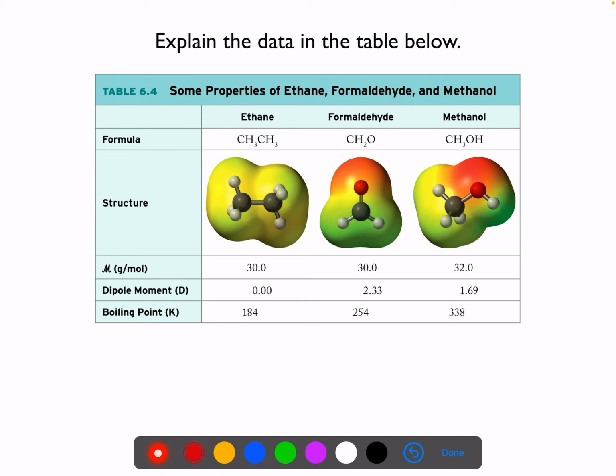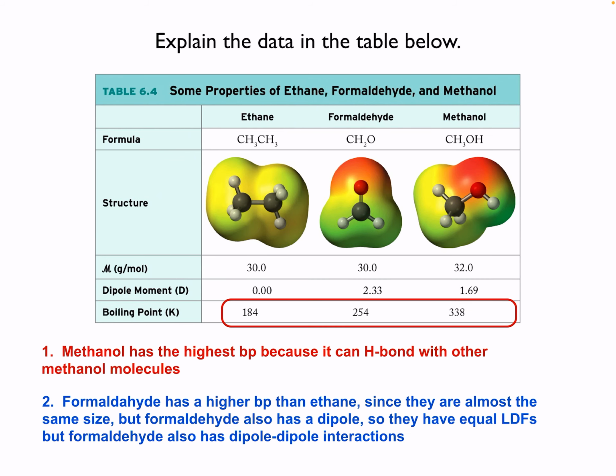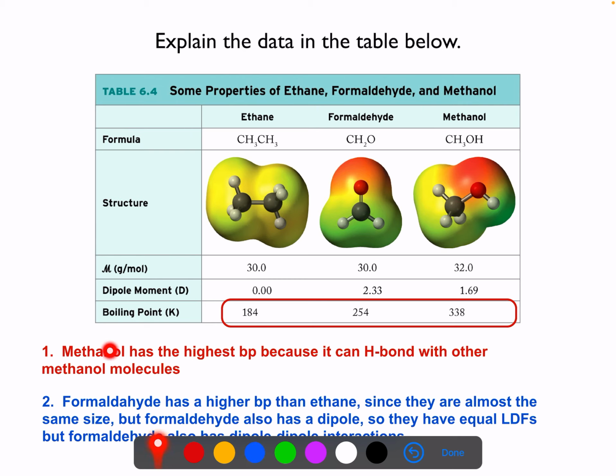So what's the difference here? The difference is our methanol molecule has an oxygen and this hydrogen, so methanol can hydrogen bond. And that's the only one of the three that can form hydrogen bonds. So it's the ability of methanol to form a hydrogen bond that's going to give it the highest boiling point.